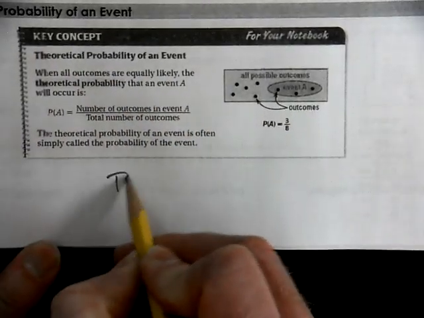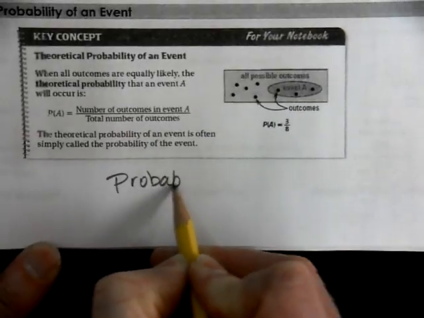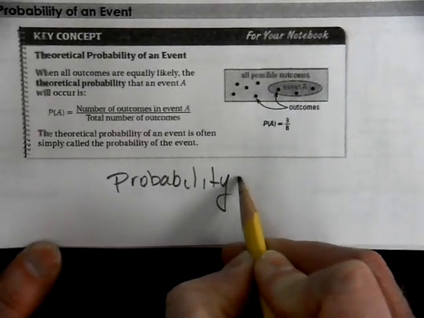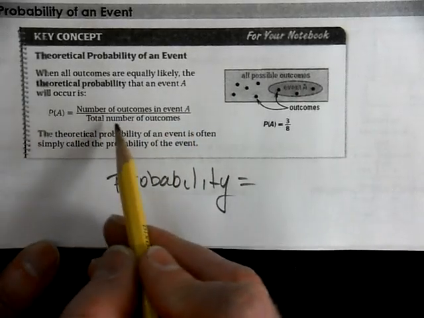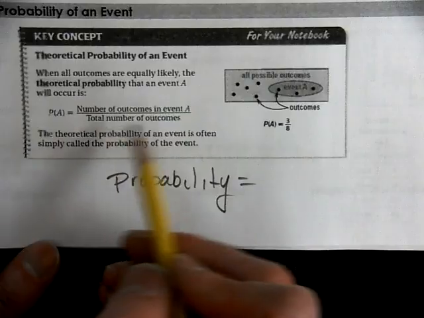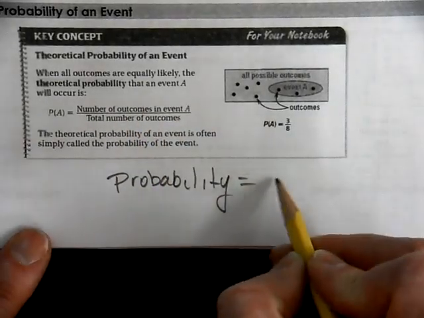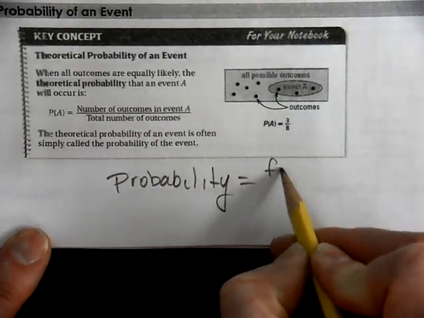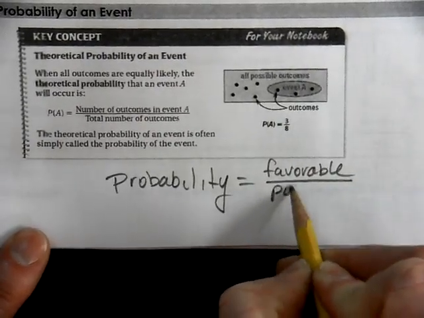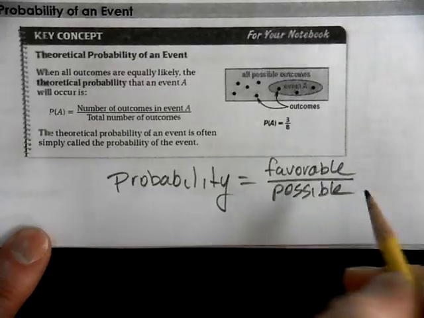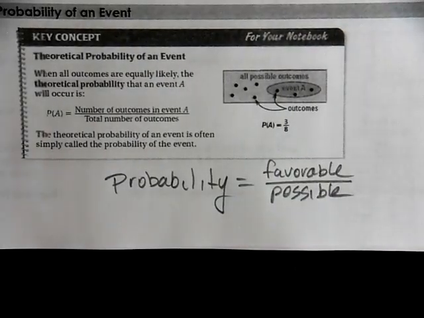I like to think about probability not as much as the number of outcomes in event A over the total number of outcomes. Always seems a little confusing. I like to think about it as favorable over possible.